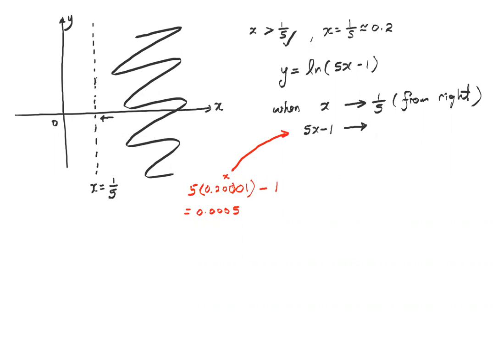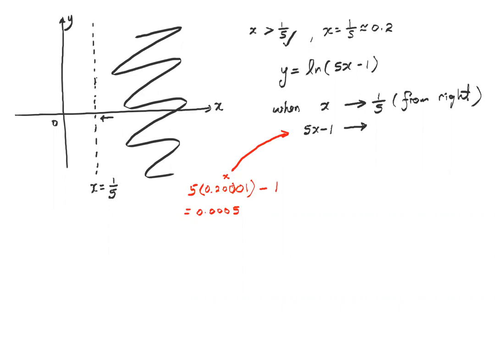So if I take x a bit further, what will happen to 5x minus 1? Can someone give me some idea? Try, nothing wrong. Very small negative? You see? Okay.